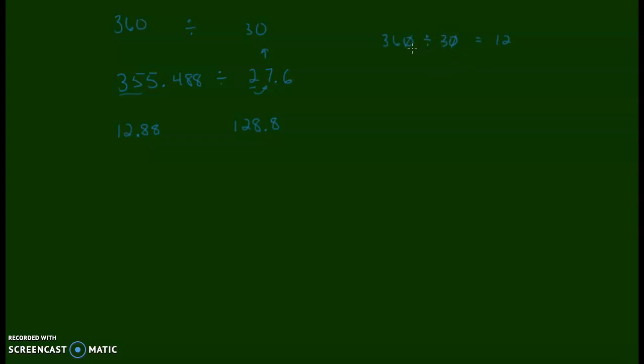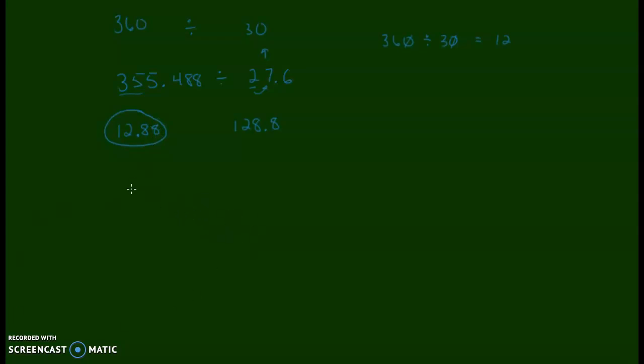That's the same as dividing by 10. So since there's no zeros left, 360 divided by 30 is 12. So with my estimate being 12, that helps me know that 12 and 88 hundredths is going to be my correct answer for this particular problem.